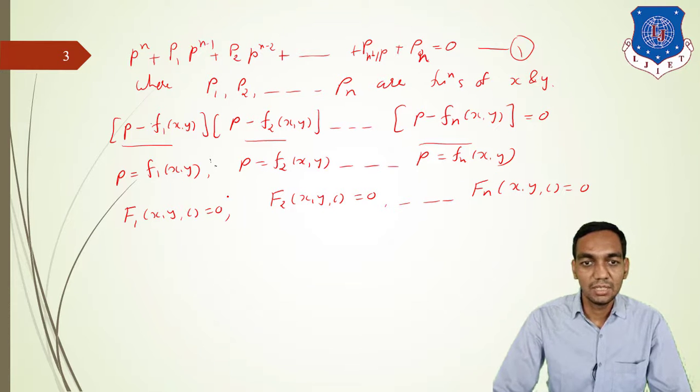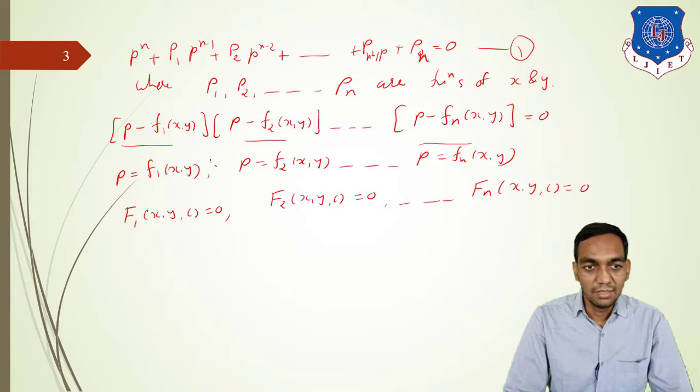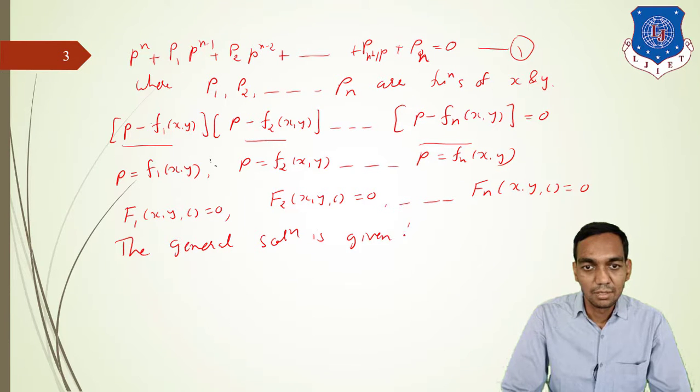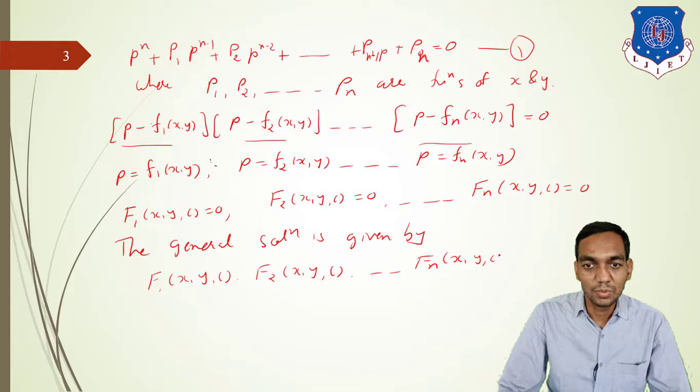Here we have taken a single c because you have a first order differential equation, so all the constants remain the same. Using all these solutions, the general solution is given simply by F1 of x, y, c into F2 of x, y, c into up to Fn of x, y, c is equal to 0.